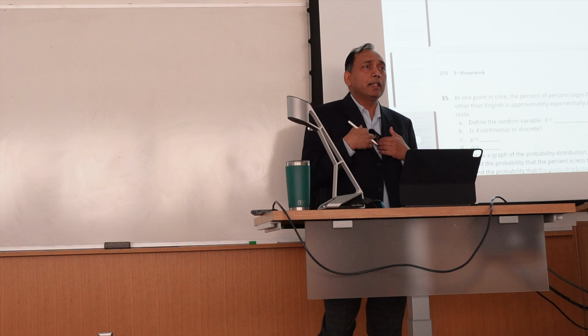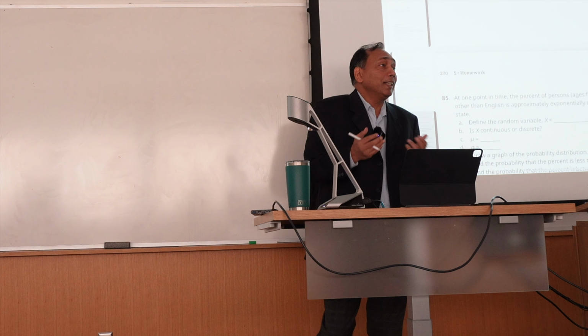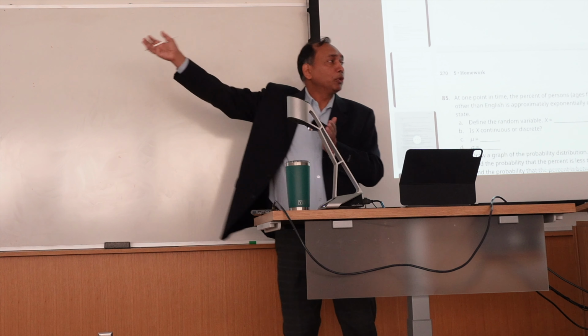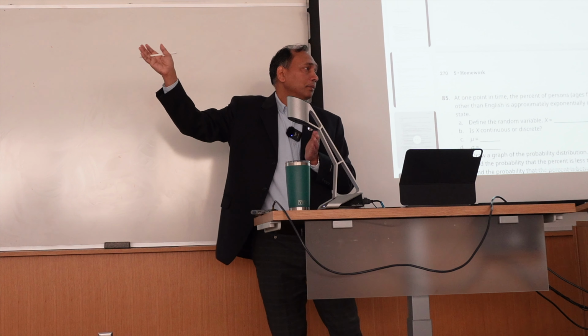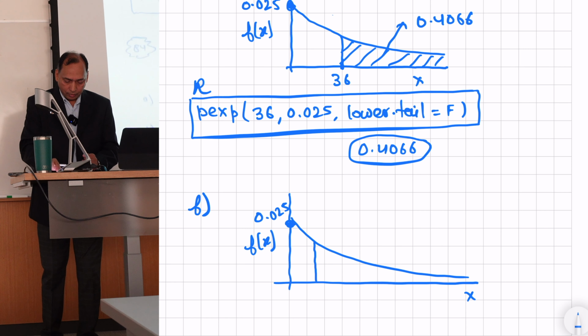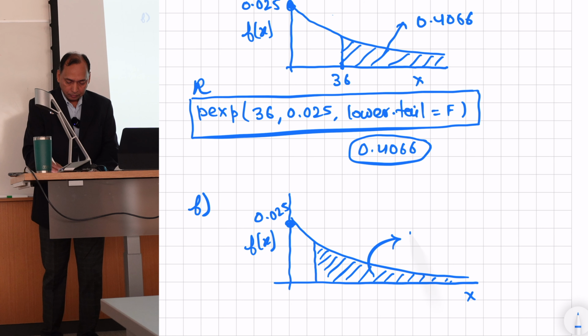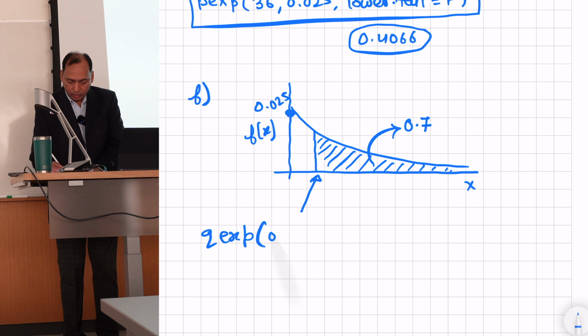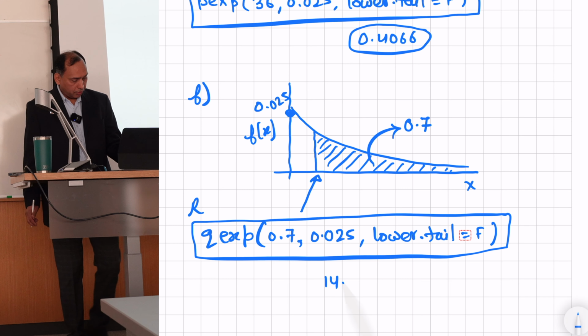So if I say I want to get in exam at least 90%, it means 90, 91, 92, up to 100. So it is to the right. At least means that is minimum, but it could be more. The area that we are talking about is 0.7. We are interested in this value and then 0.025, and you say lower dot tail equals false, 14.3 months.